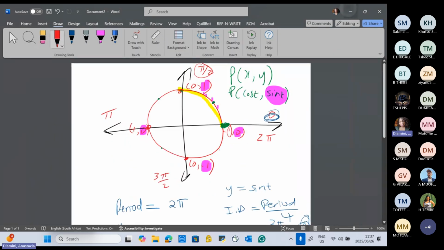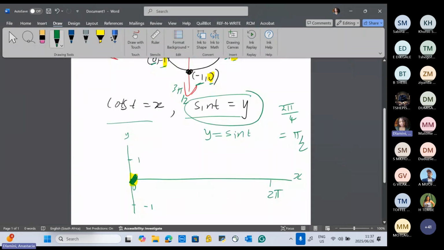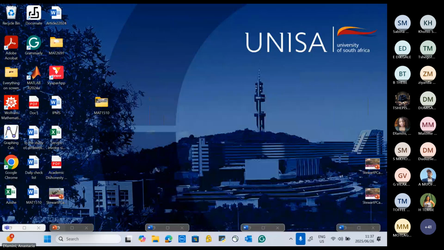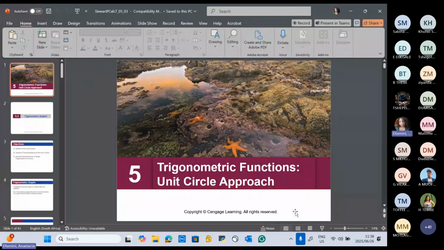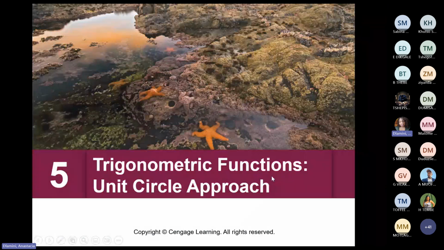If you understood that part, then it means that the next part will be easier. Ma'am, why did we divide our period by 4? It's because there's a relationship between a unit circle as well as the Cartesian plane in which you draw your x and y.